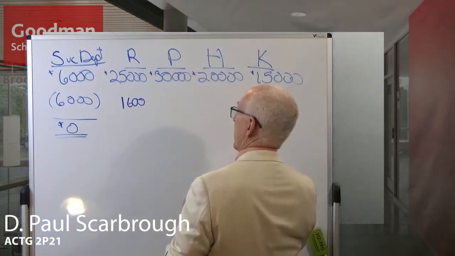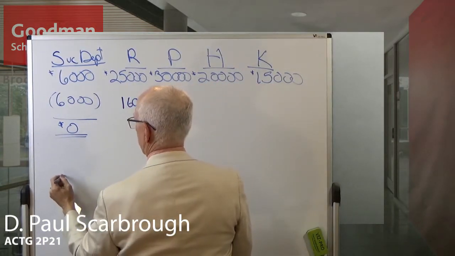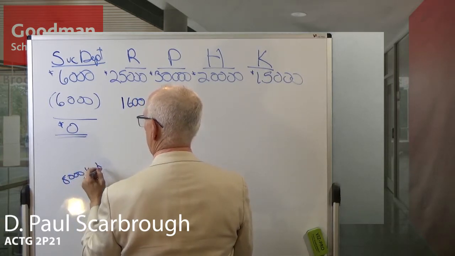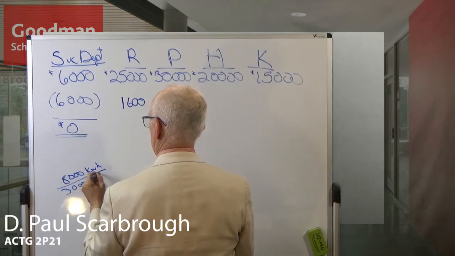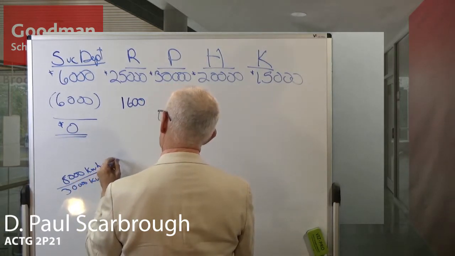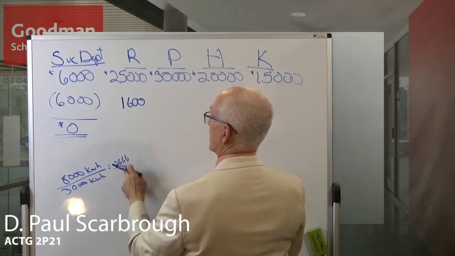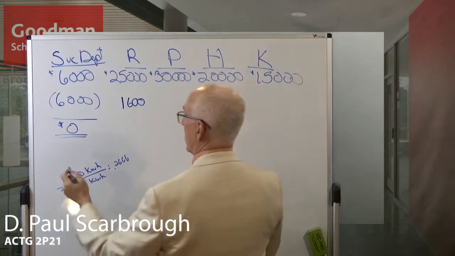Okay? And we can either take the decimal fraction, I'll do this here, the 8,000 kilowatt hours divided by 30,000 equals 0.2666, okay? And take 0.2666 times 6,000, and you're going to get 1,600.